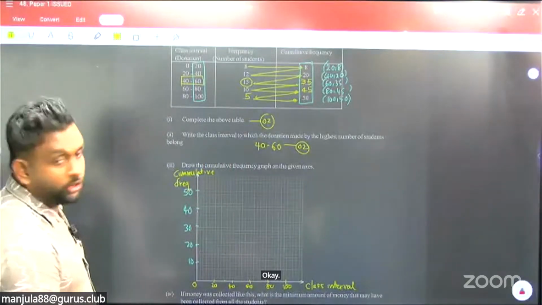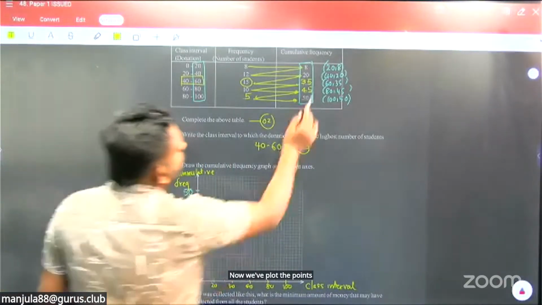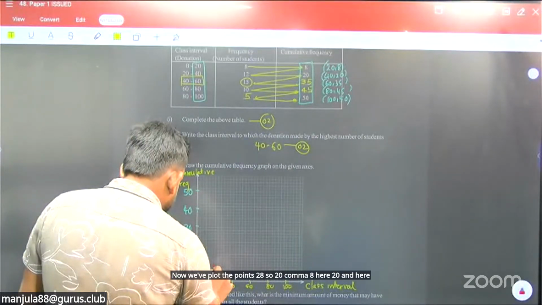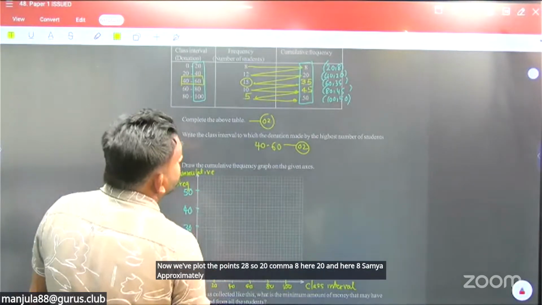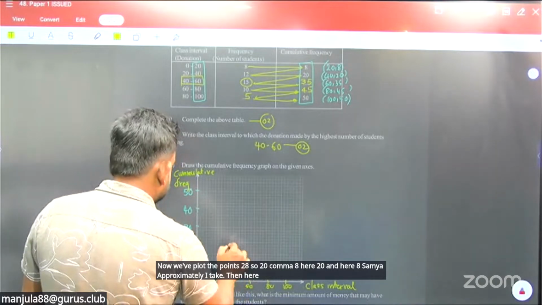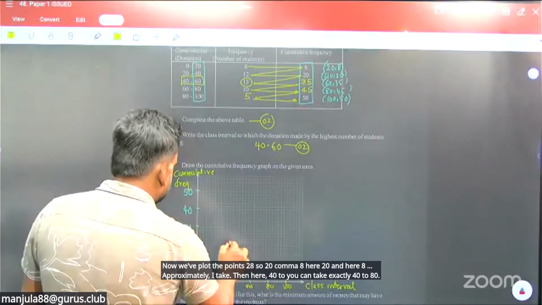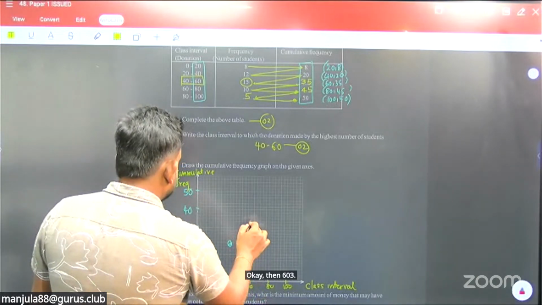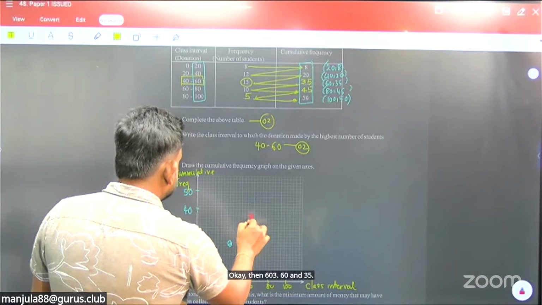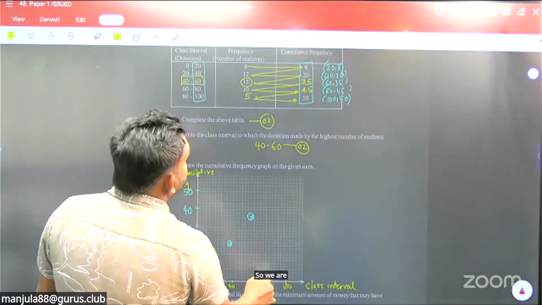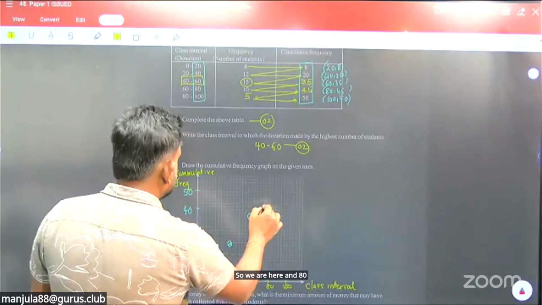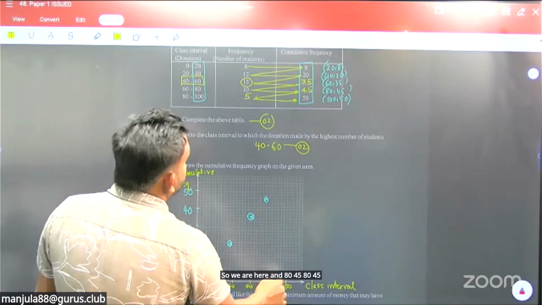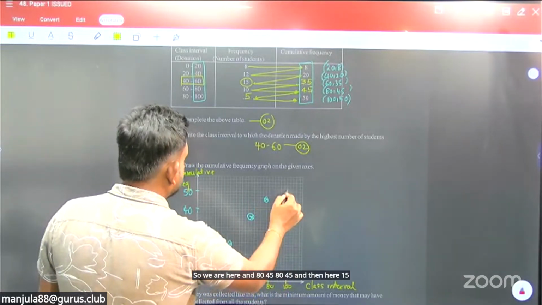Now we plot the points. 20 comma 8: here 20, and here 8, somewhere approximately. Then 40, 20 you can take exactly. Then 60, 35, somewhere here, and then 80, 45, and then 100, 50.